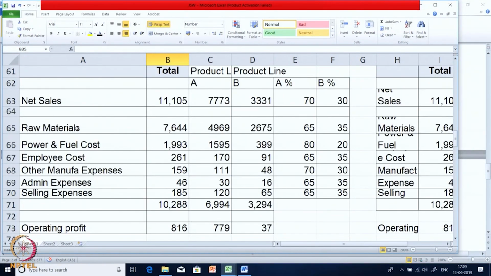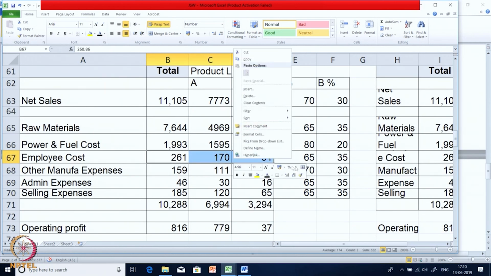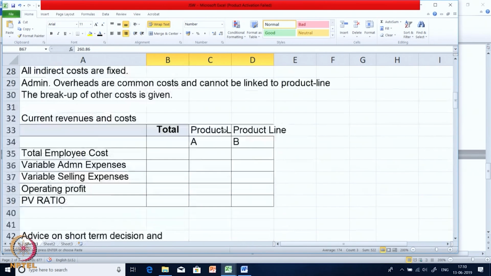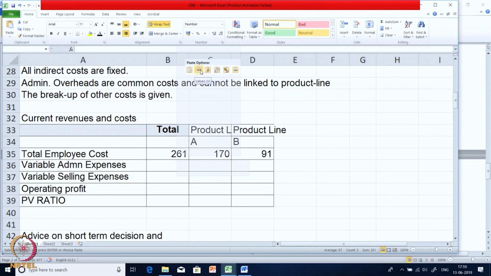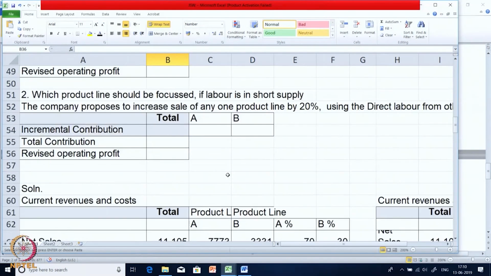I think since now we have calculated all the costs, you can easily take these figures and go for showing the total employee costs. Getting it? Same way you can calculate the variable admin expenses, variable selling expenses, operating profit and so on.